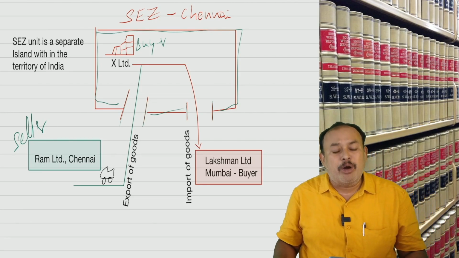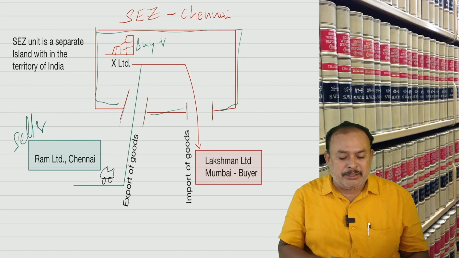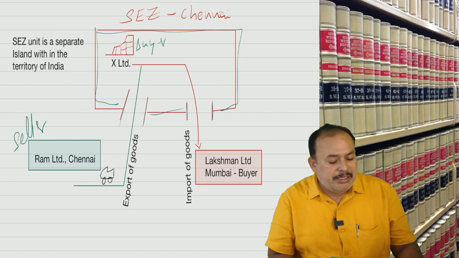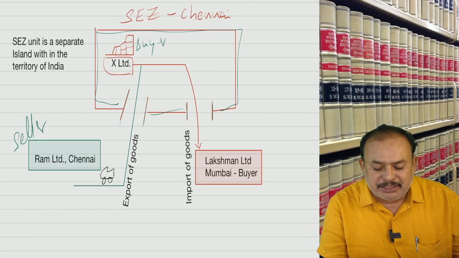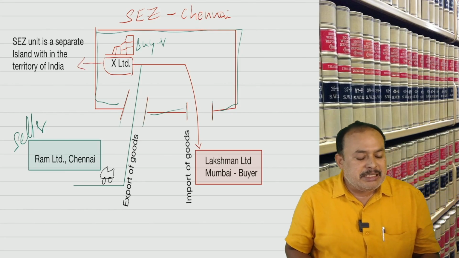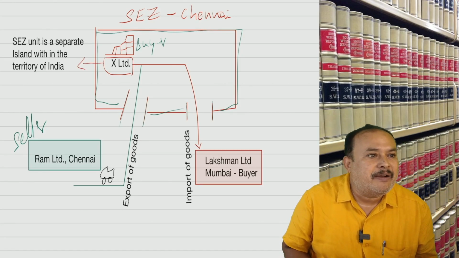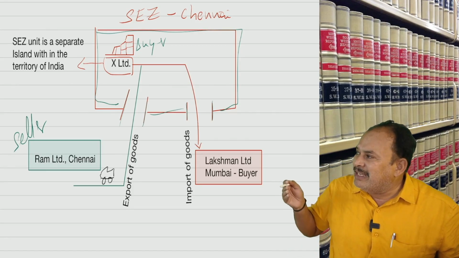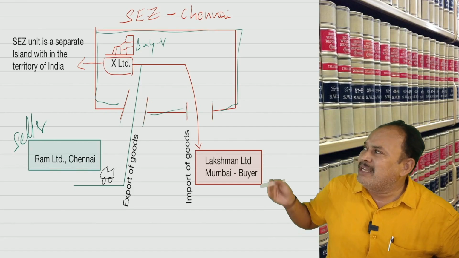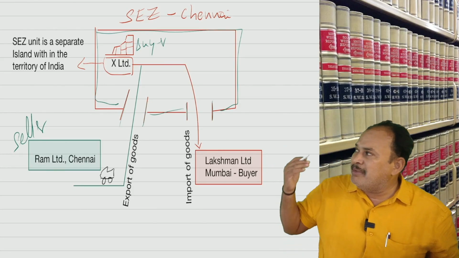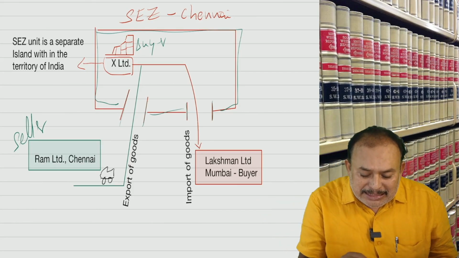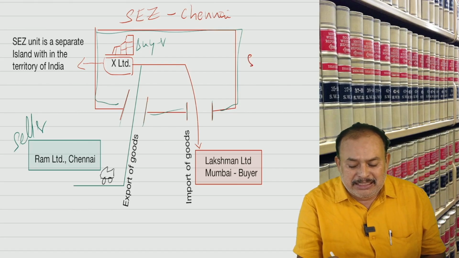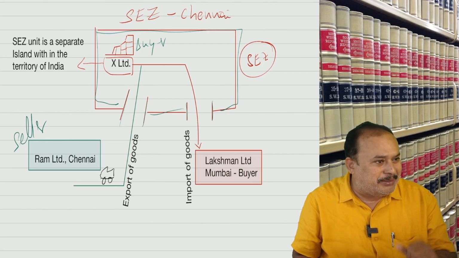Then what about the special economic zone developer? Here I will say that this particular X Limited is a unit of SEZ. Goods are moving from Raman Limited, Chennai to SEZ, and goods are coming from X Limited, the SEZ unit, to Mumbai. Now, within the premises of SEZ, infrastructure is developed.